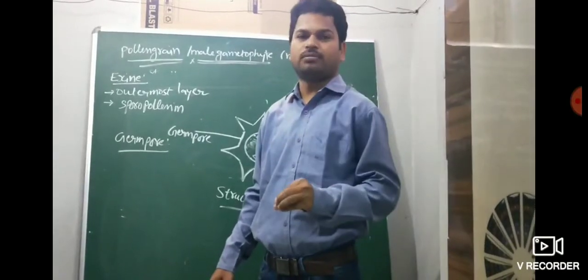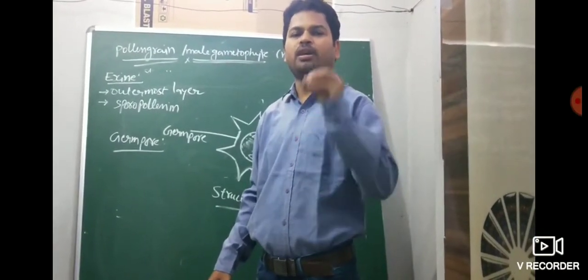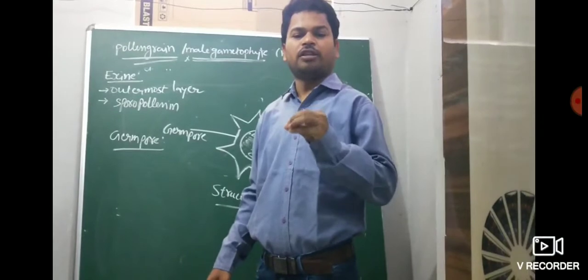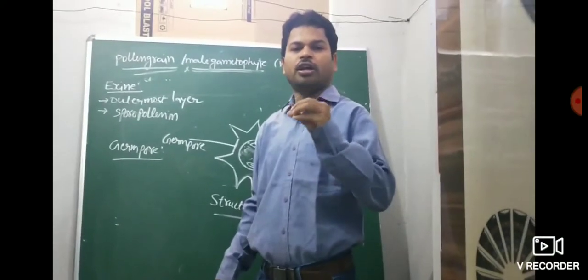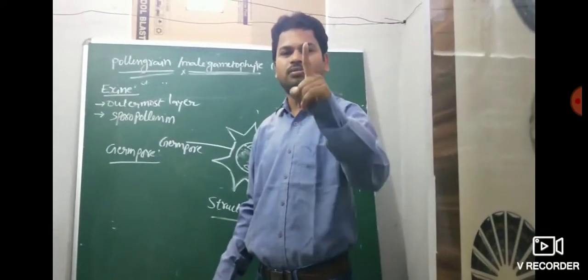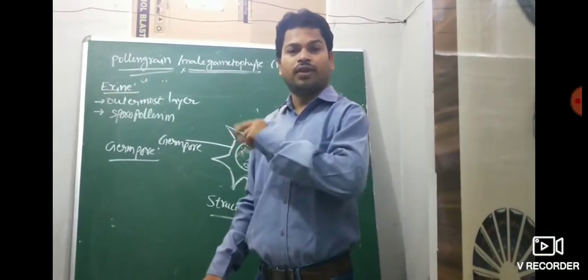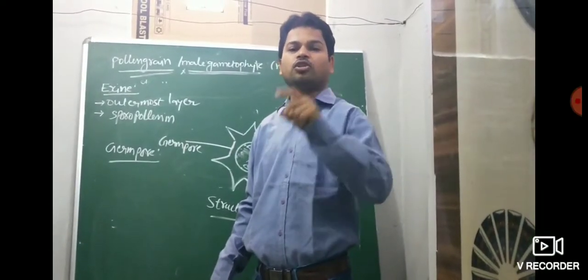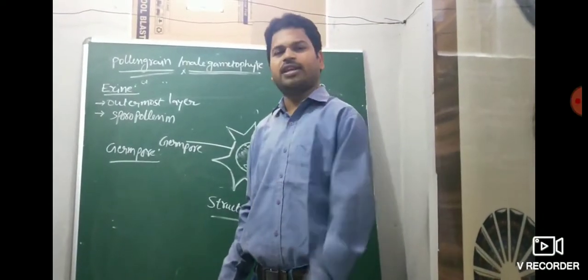The above statement is: A, true; B, false; C, either true or false; D, neither true nor false. The first option, where sporopollenin is present, is wrong. So the correct option is false.